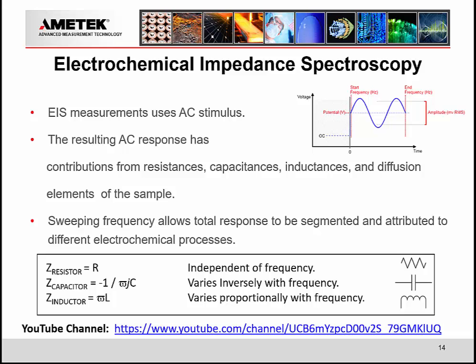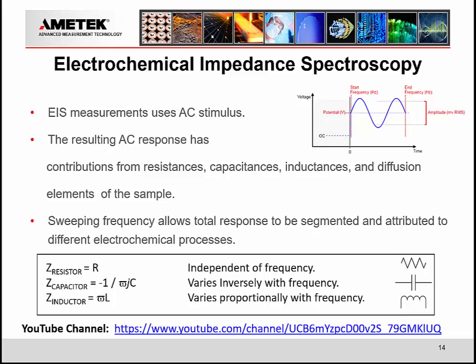By sweeping the frequency, I can see how the impedance responds, and then I can attribute the total response to whether it's acting as a resistor, capacitor, inductor, or diffusion. And the way I can do that is each one of these elements' response changes with frequency in a different way. So the impedance of a resistor is independent of frequency.